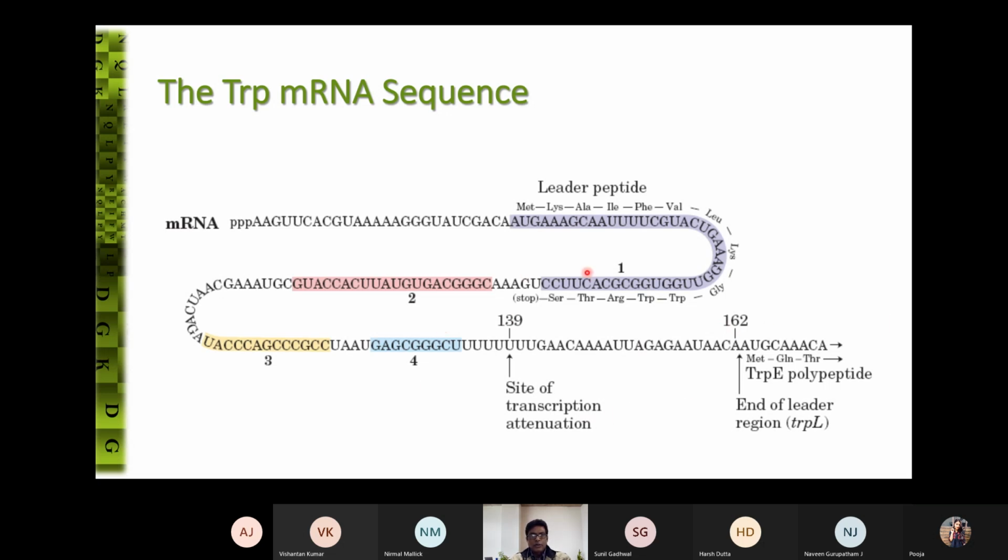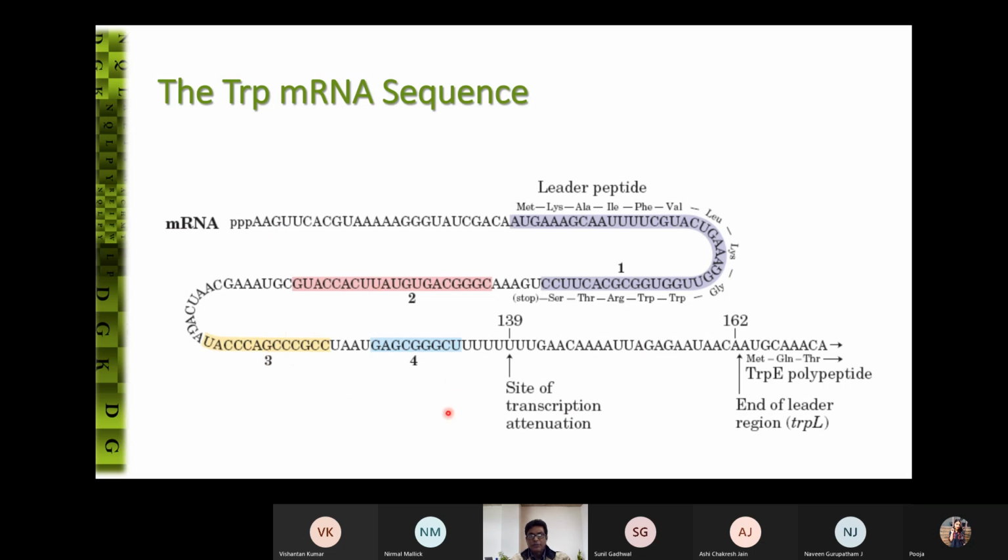Now from here, you have to keep in mind that 2 and 3 are complementary, 3 and 4 are complementary also. Okay, so that means that you can have bonding between 2 and 3, or you can have bonding between 3 and 4, and they will give you different structures. And when these structures are formed, if 2 and 3 are formed, then they don't inhibit the synthesis of the RNA sequences.